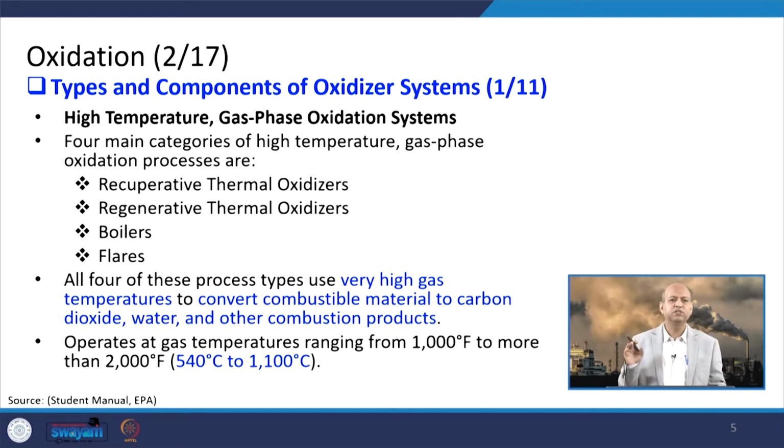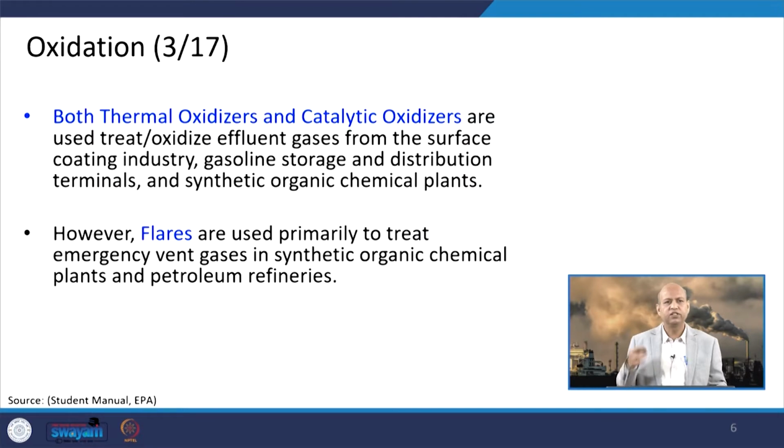This gas temperature range is important, because only if we operate the system up to that temperature will it be able to fully oxidize all the pollutants that can burn, so that they are ultimately converted into carbon dioxide and water vapor.